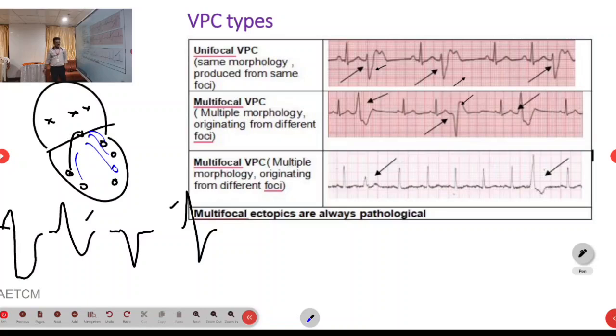So multifocal means different morphological ectopics. They are always dangerous because in multiple areas the ventricle is not proper and it produces multiple different types of signals. So unifocal is always better than multifocal, but if the number of unifocal ectopics is increasing, then that is also dangerous.